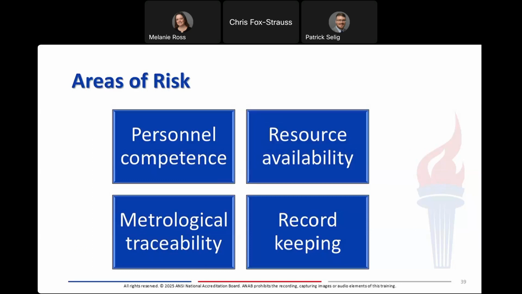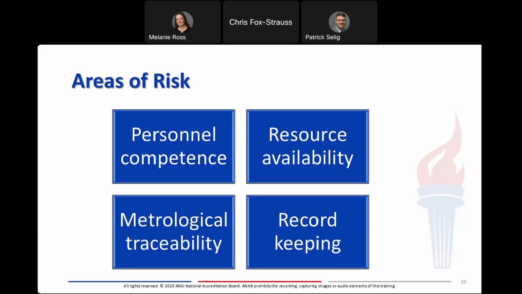When we're looking at resource availability, we're not just thinking about personnel, we're also considering the equipment and standards that are required to perform the calibrations in the laboratory. Metrological traceability is another source of risk. The organization must understand the importance of metrological traceability and how to establish traceability for the calibrations being performed.